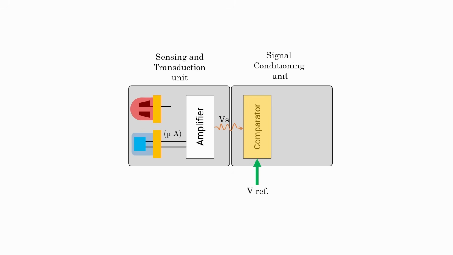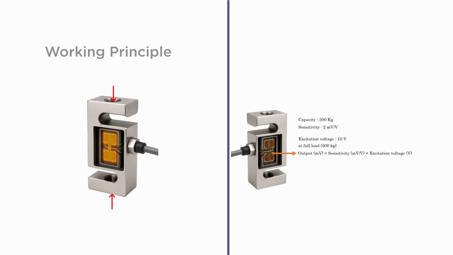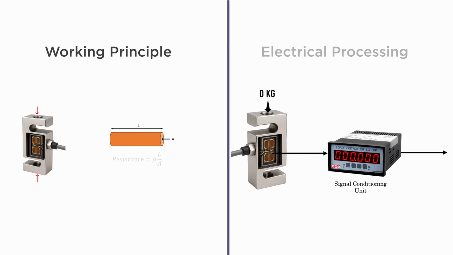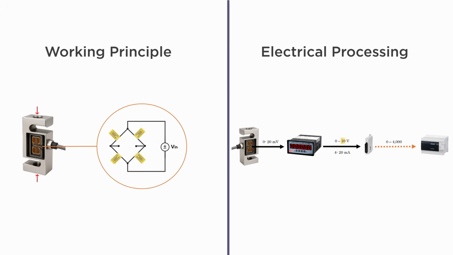But when it comes to PNP and NPN sensors, what does it mean and how do they generate the output signal? We lose the link. So to truly understand sensors, we have to study both the logical working and the electrical processes behind it. You can't fully understand one without the other.